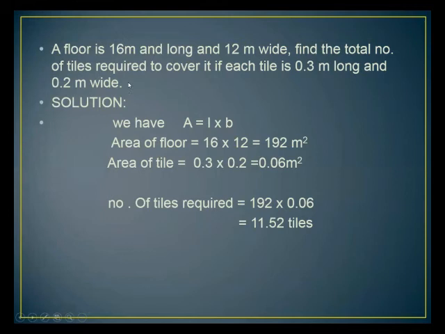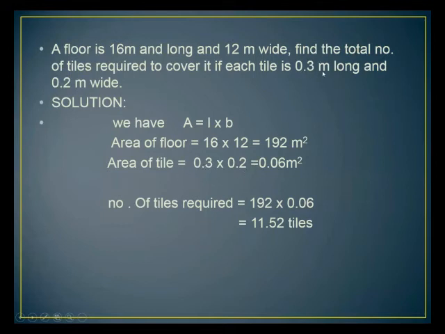So first we have to find the total area of a tile, and then we can find how many tiles are required to cover that floor. To find the area of a tile, we will multiply length by breadth. What is the length of the tile?